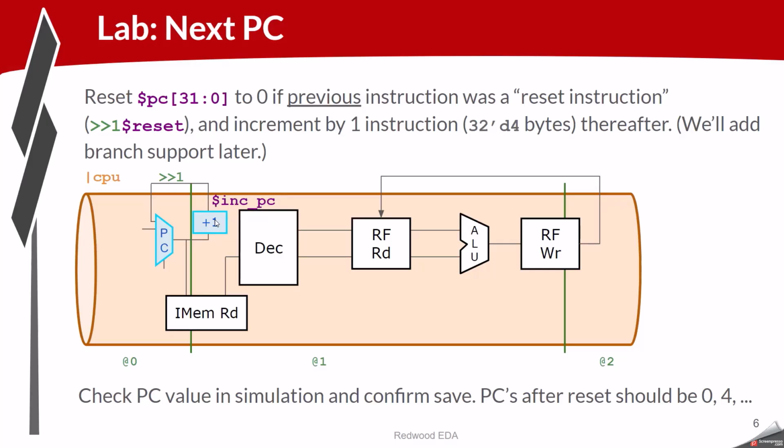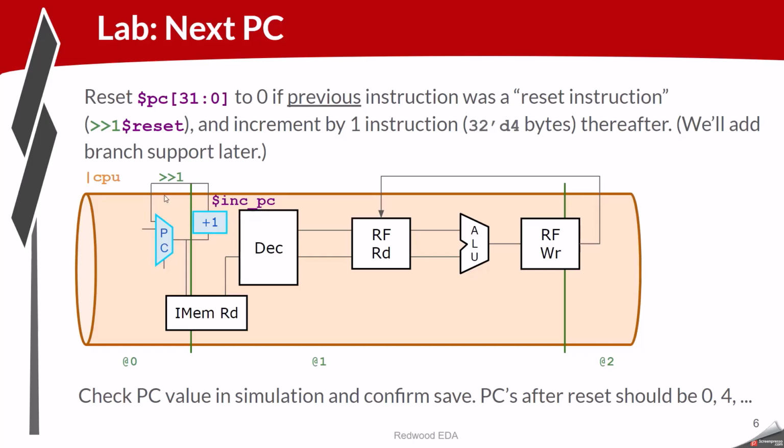Or really, this is a byte addressed PC, and the instructions are 32 bits, so we're incrementing the PC by 4. Labeled here as plus 1 instruction, but plus 4 in absolute terms. So PC is going to be the incremented PC value from the previous instruction. Right, so again, that implies a look-ahead by 1 reference.